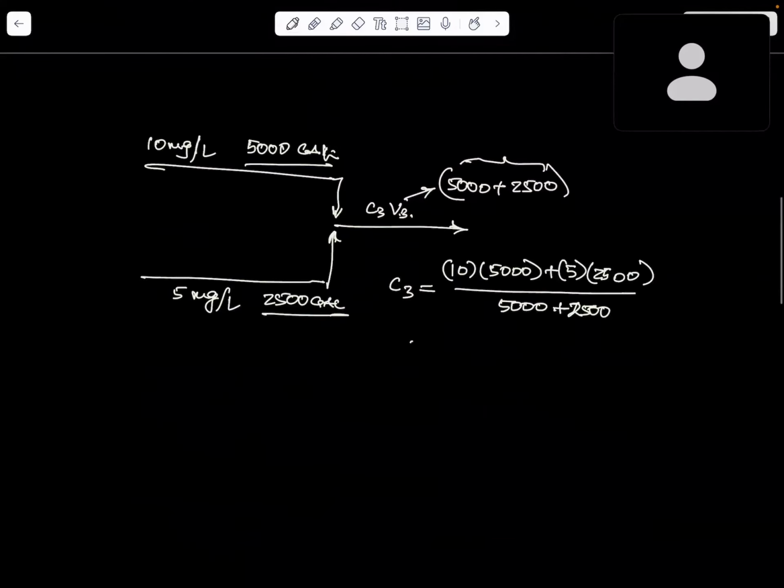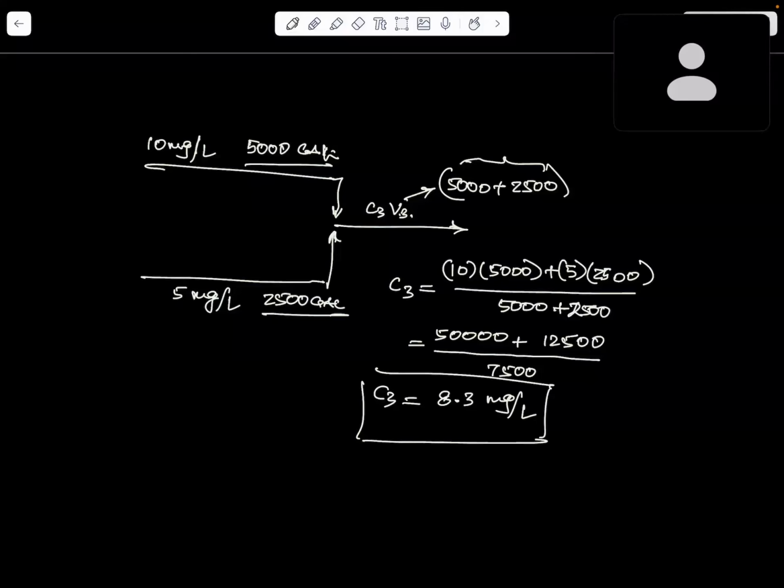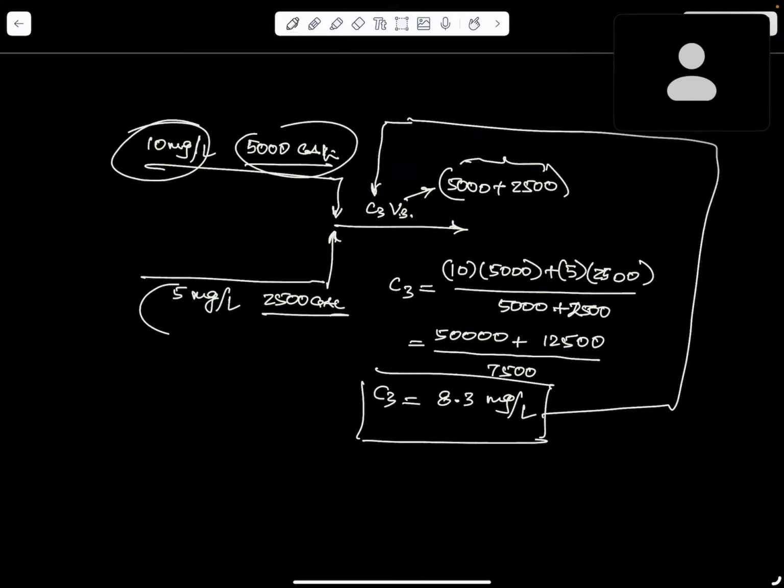So C3 is going to equal 50,000 plus 12,500 divided by 7,500. And that gives me C3 equal to 8.3 milligrams per liter. So that is the concentration that I will make if I blend these two streams.